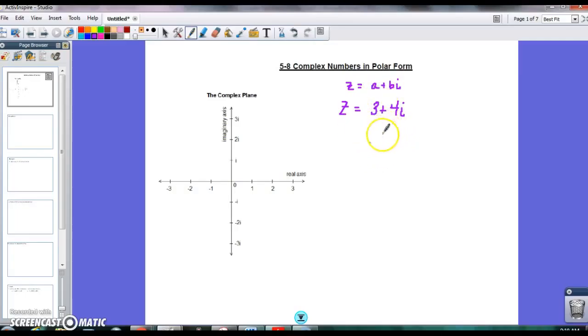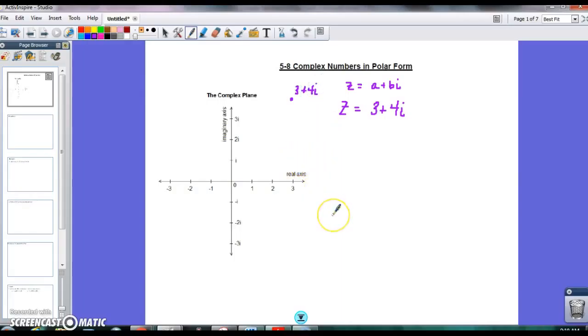So if I was going to graph 3 plus 4i, I would go 3 in the x direction, or along the real axis, and then I would go up 4, along the imaginary axis, and that would be the point 3 plus 4i.